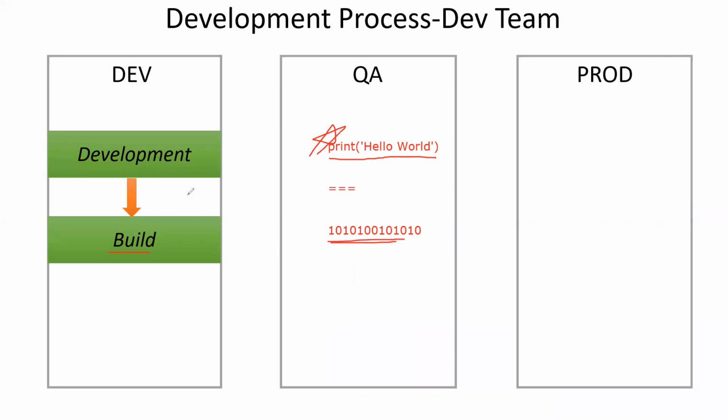Okay. So I'm a developer. I wrote a hello world code. I'll write print hello world. Your machines, and machine means servers, laptops, for now you consider it as a server, don't understand what a print statement is. They understand only binary language, 1 or 0.